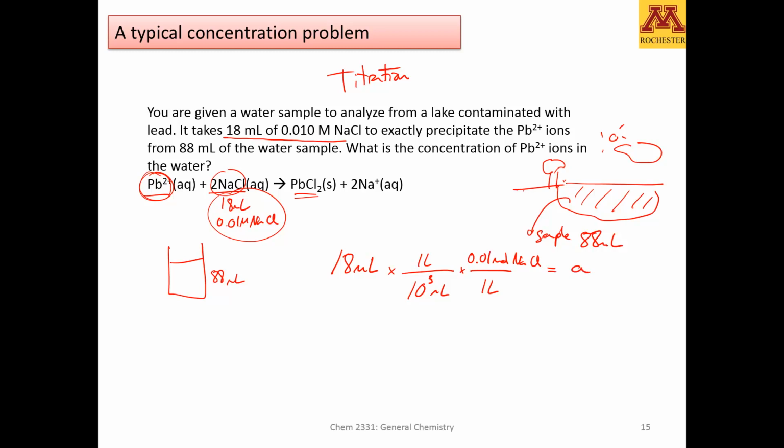Let's call this quantity A. A is the moles of sodium chloride necessary to react with the unknown amount of lead that we have. We want to know the concentration of lead. According to the reaction, the stoichiometry tells me that 2 moles of sodium chloride react with 1 mole of lead.